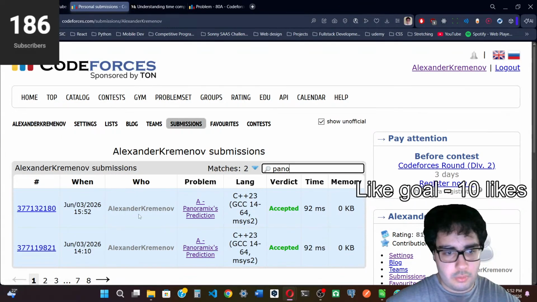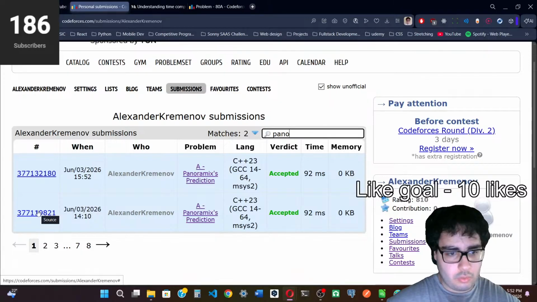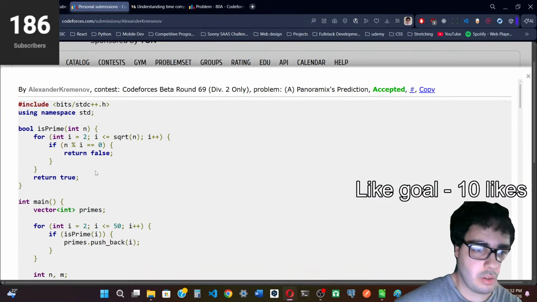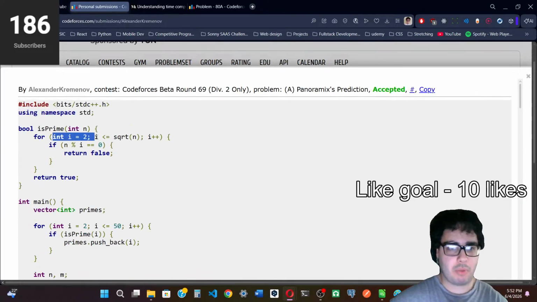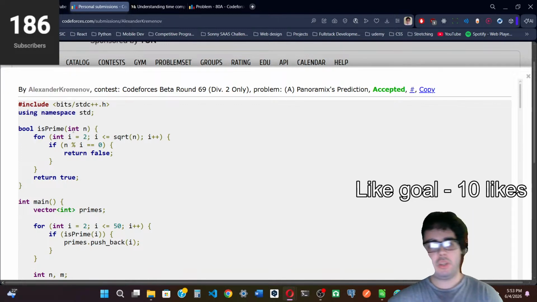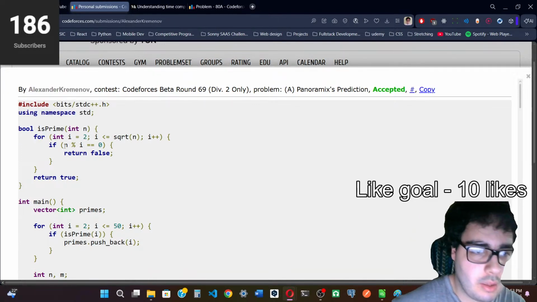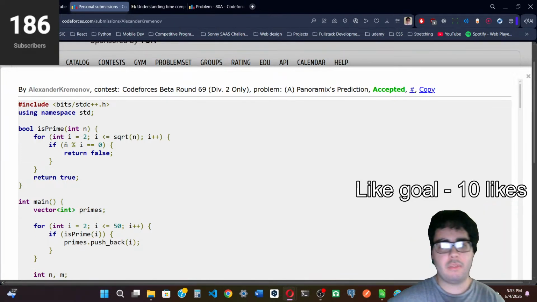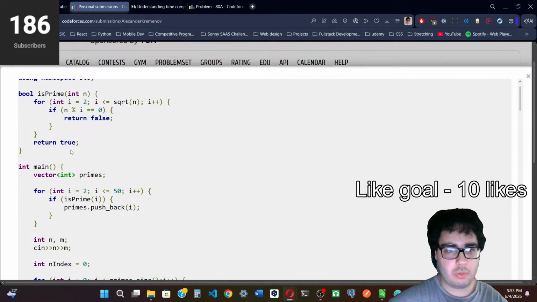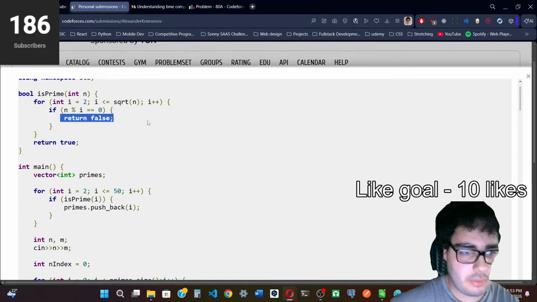Okay, so there it is. You guys should know that a prime number is divisible only by 1 and itself, and this is how we check if a number is prime. If that number is divisible by anything starting from 2 up until the square root of this number, that means it's not a prime number.